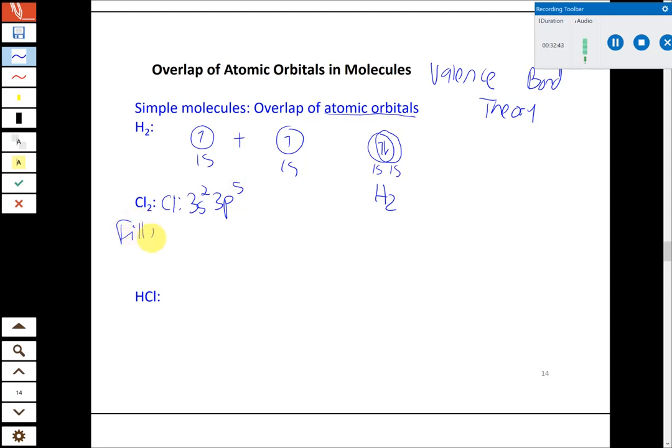So because we have a filled 3s orbital in both of these, we're going to use an unpaired 3p electron to overlap and make the bond. Okay? So the way that would work is for each chlorine atom, we have a 3p orbital that has an electron in it.